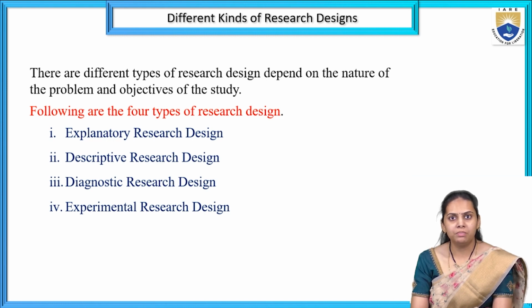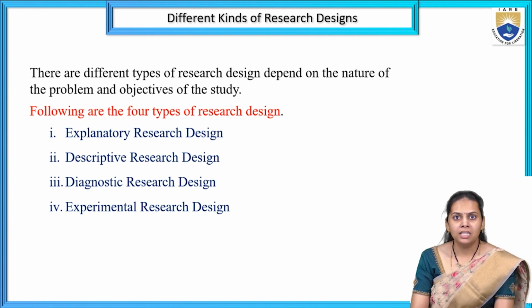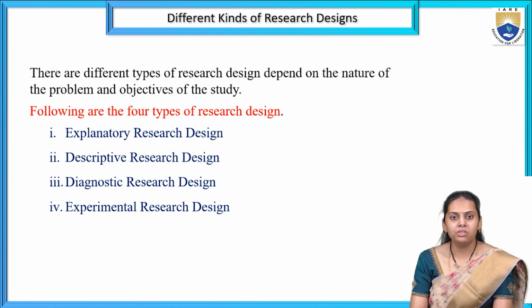As I previously spoke about the problem statement, the decision making of the problem statement, and how the hypothesis helps to decide the research area. Here there are different types of research design dependent on the nature of the problem and objectives of the study.